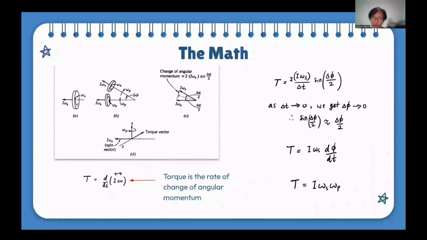As such, if we take the limit as delta t approaches 0, delta v approaches 0. Therefore, sin(delta v/2) equals delta v/2. So we can generate the formula as T equals I omega spin times delta v over delta t. As such, T equals I omega spin times omega precession.